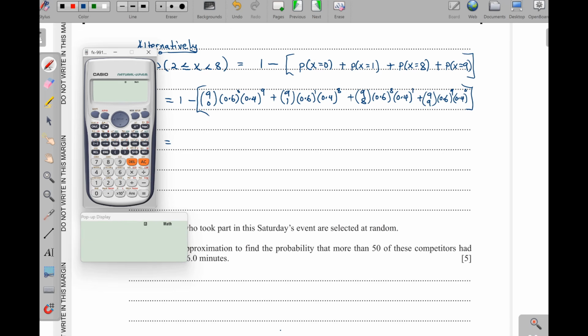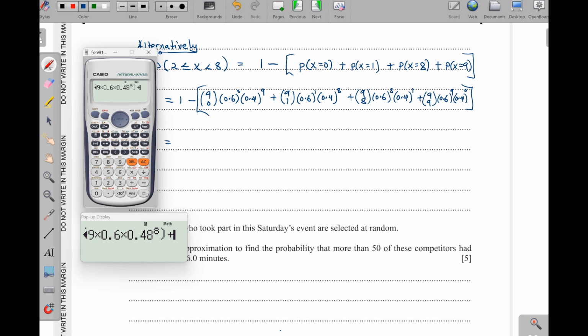So let's put everything there, and then we subtract from 1. 9 combination 0 is 1. Then 0.6 power 0 is also 1. So here we shall have 0.4 power 9. Okay. Then the next one shall be 9 combination 1, that is a 9, times 0.6, then times 0.4 power 8.